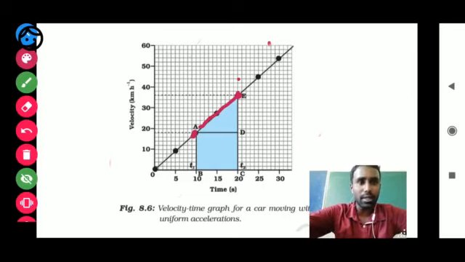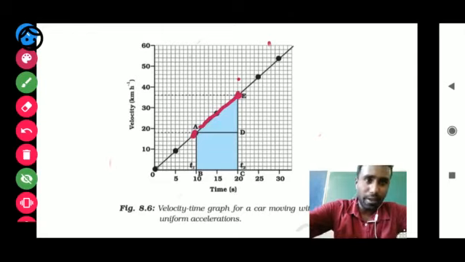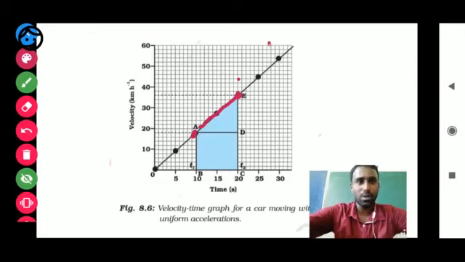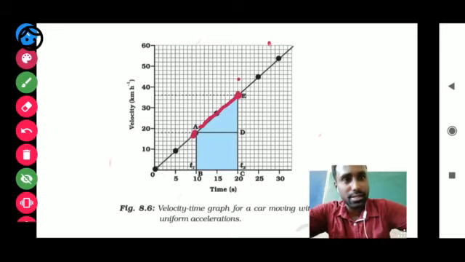Then if we plot the graph, the data will come in a straight line. If I want to find how much acceleration, because it is uniform acceleration motion, from the point E just draw a perpendicular line which joins the x-axis.